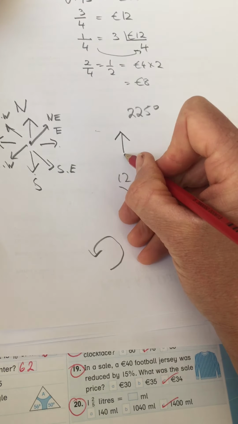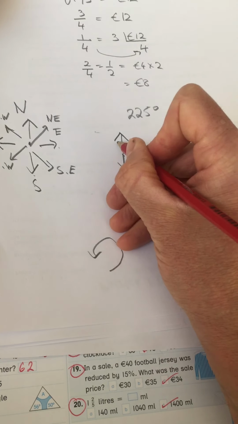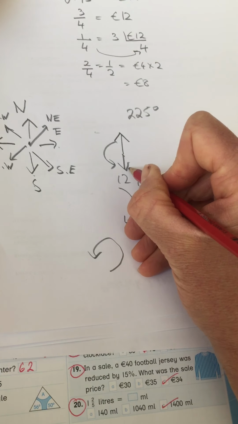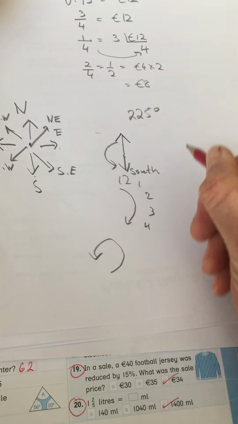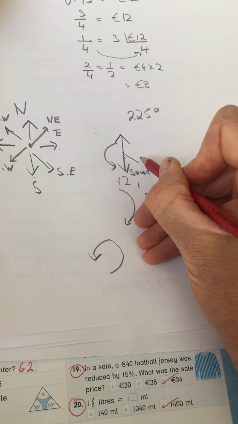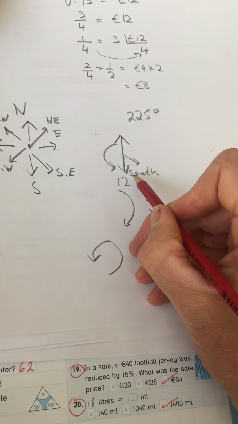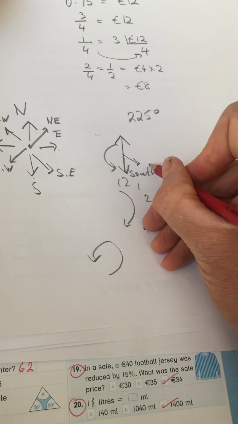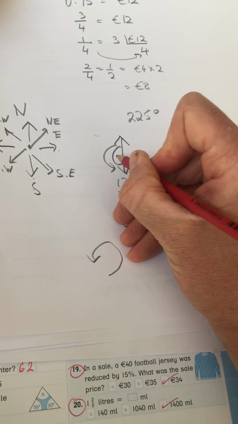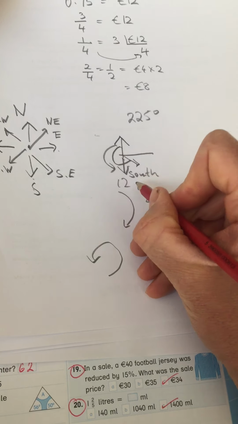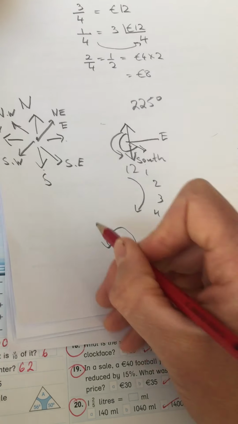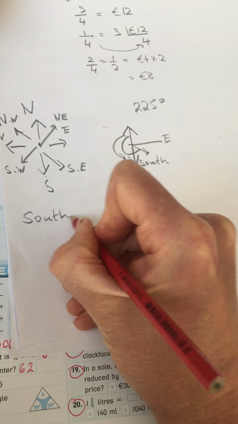Now, if she turns 180 degrees, she'll turn this way and she'll be facing south. And add on another 45 degrees to 180 degrees, which makes it a 225 degree turn. So she will be facing in between south and east, and that direction is southeast.